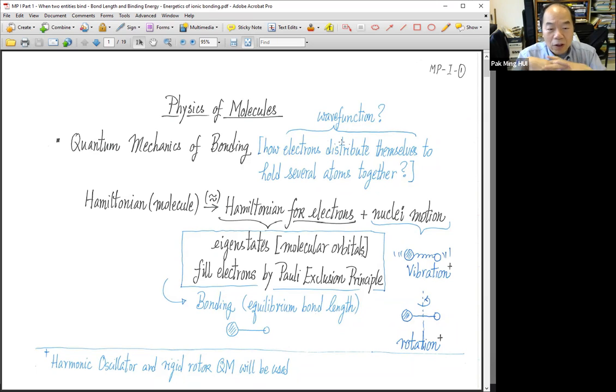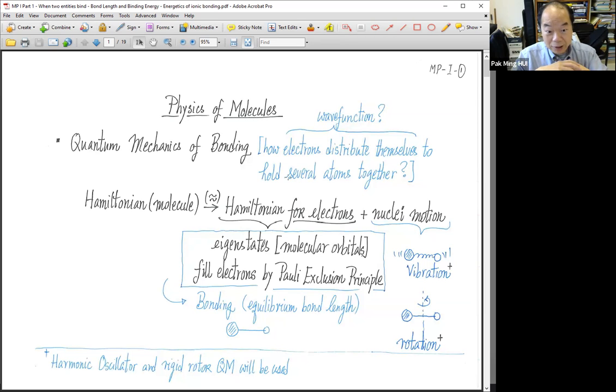So first of all, in this part, I would like to give you a very rough picture of what we will be doing. And then when two things bind, so here we have two atoms bind together to form a molecule, and then what we would expect, there is some potential energy profile for the binding. And then we will go into ionic bonding, where we know a little bit of the physics behind it because we have done atomic physics.